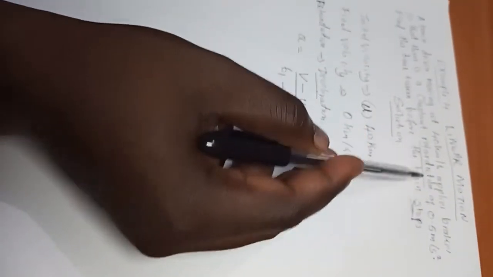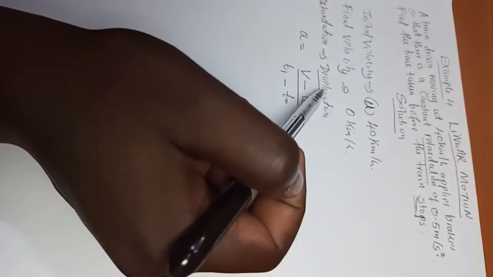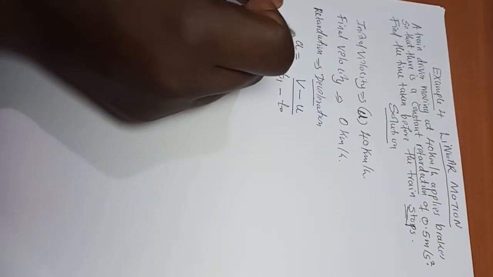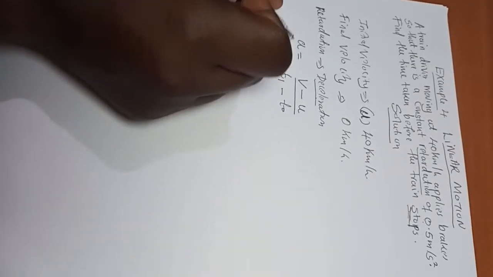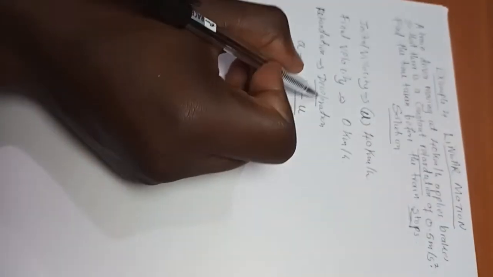So in the question here, we were given retardation, which means deceleration. But in our formula, we have acceleration instead of deceleration. What does this imply?